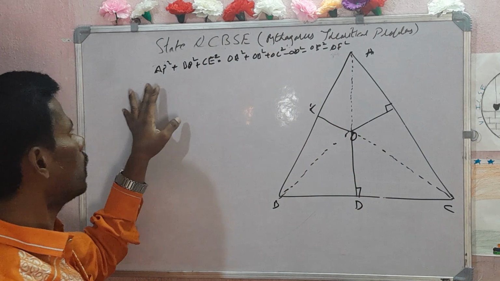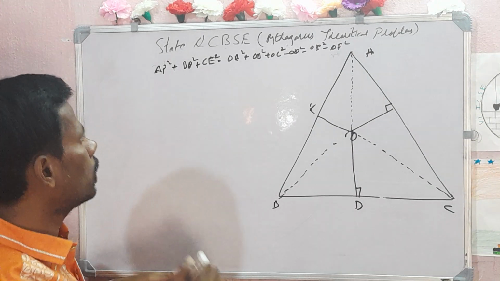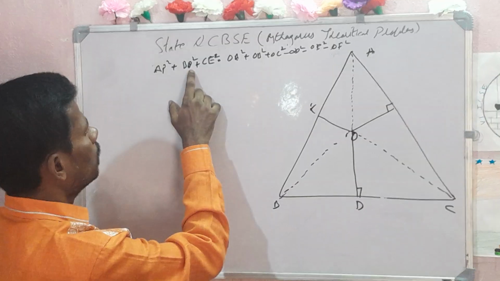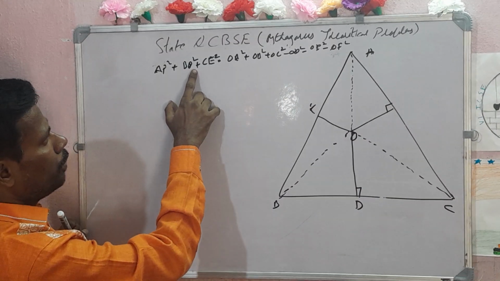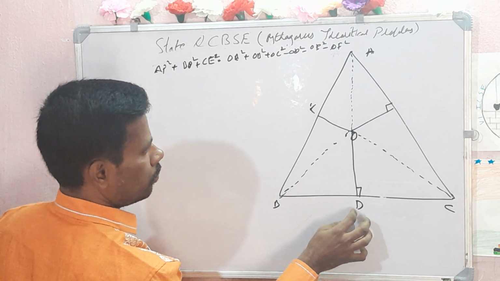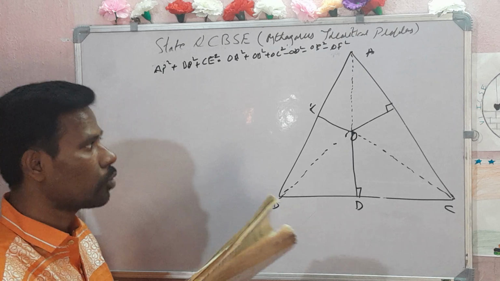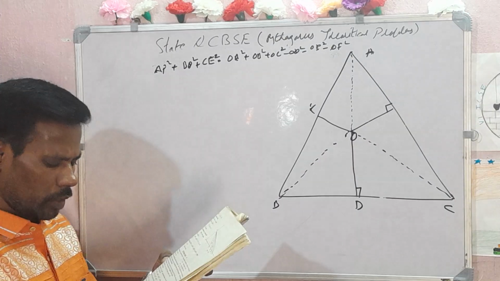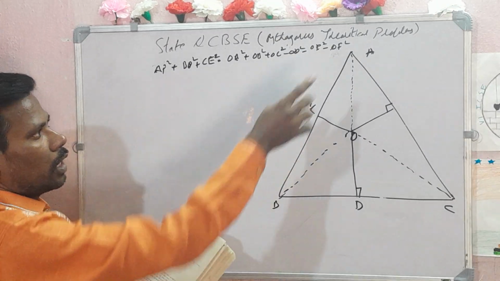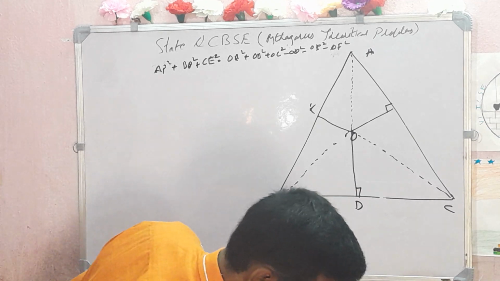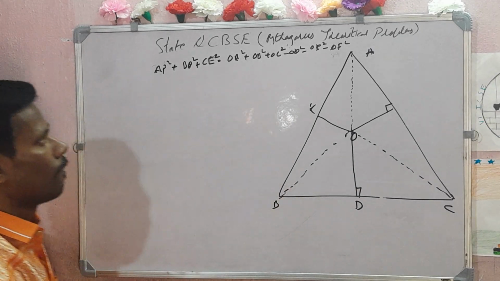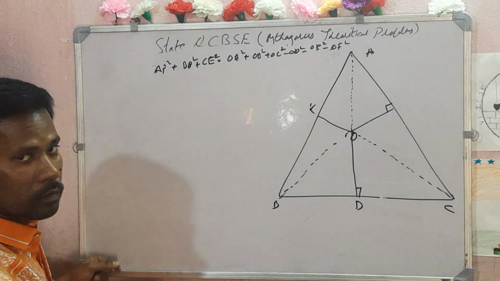Prove that AF square plus BD square plus CE square is equal to this, they are asking. So how to do this one, children?